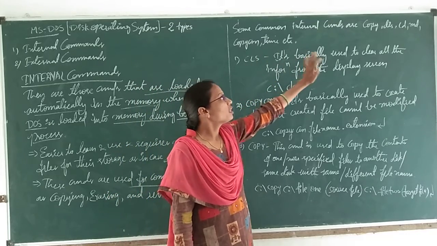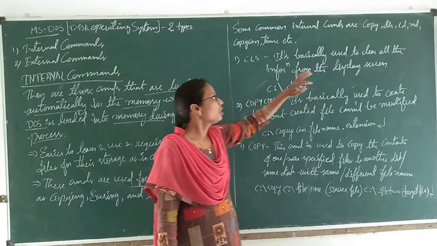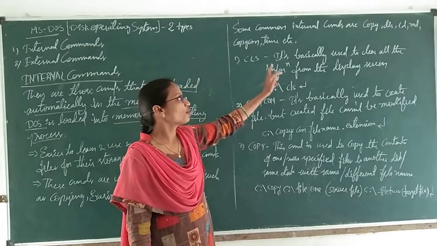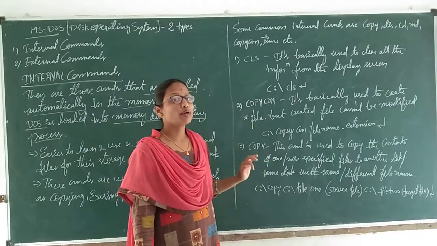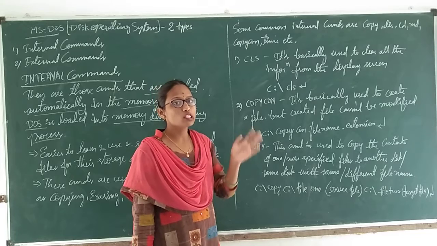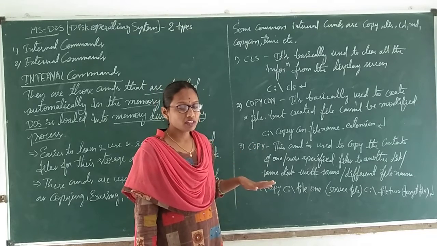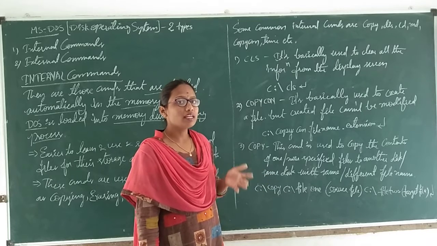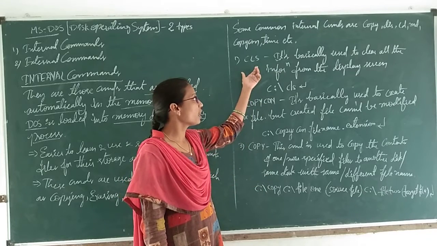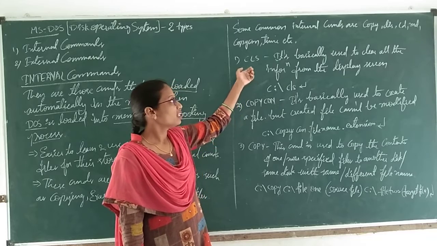It is basically used to clear all the information from the display screen. Whatever information is displaying on the screen, if we don't want that information, we erase it with the help of the CLS command.